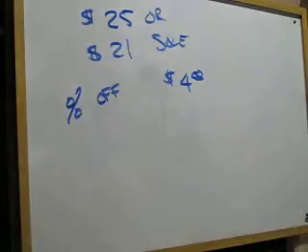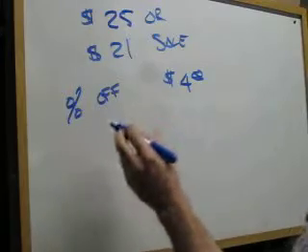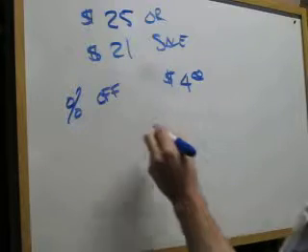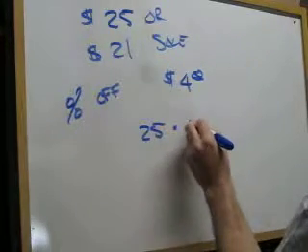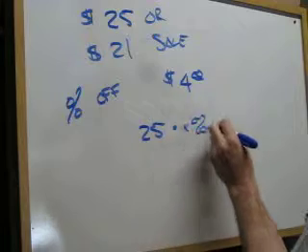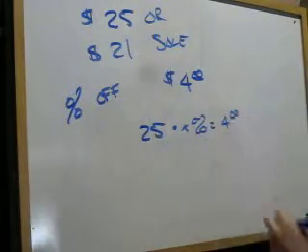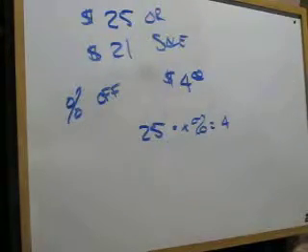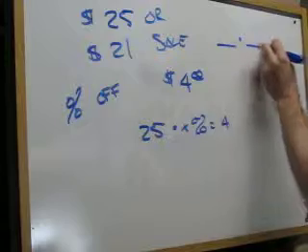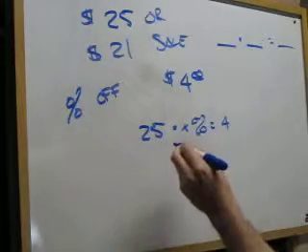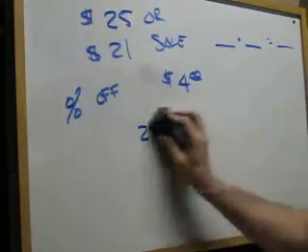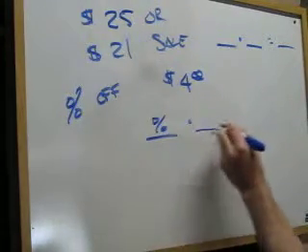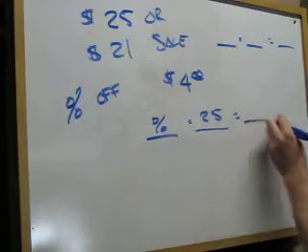So we need to find out the percentage of $25 that equals $4. So if we took $25 times our percent, that would give us $4. If you remember in the last lesson, we had line times line equals line. Same thing here. In fact, let's turn this around, because remember we did the percent first, the first line times the total equals whatever other number we have.